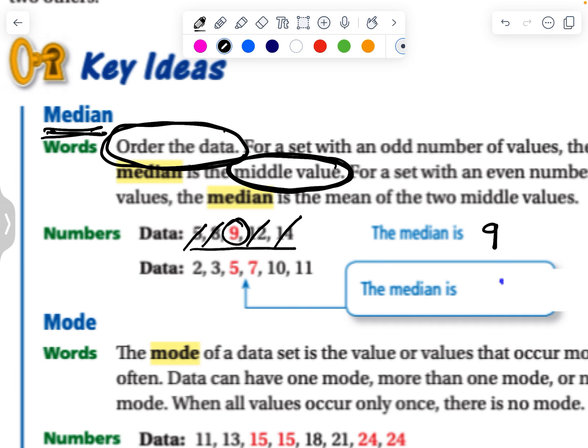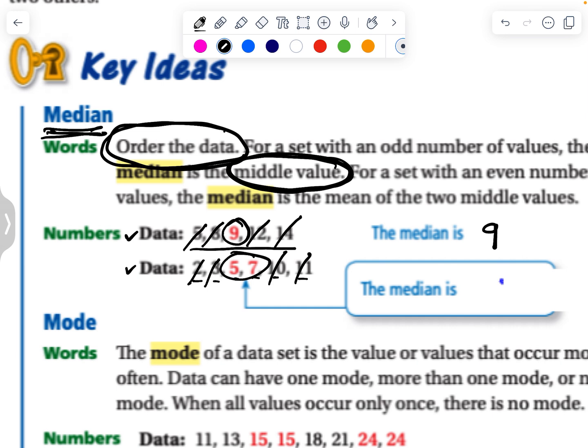In our second example, again, the numbers are put in order from smallest to greatest. But this time, there is no middle number, or there are two middle numbers. So again, I cross out the smallest and the biggest, and then the second smallest and the second biggest. There are 2 numbers left.